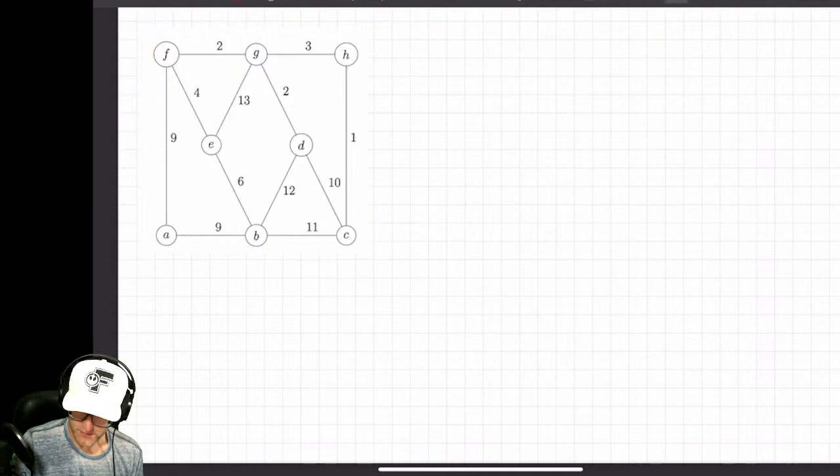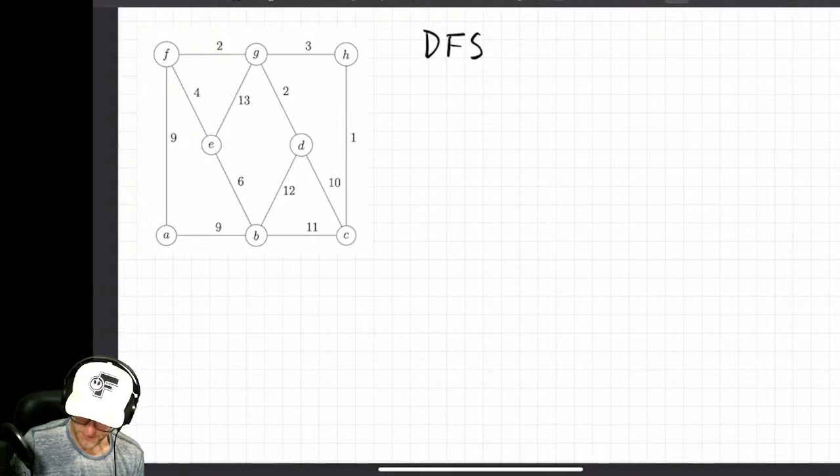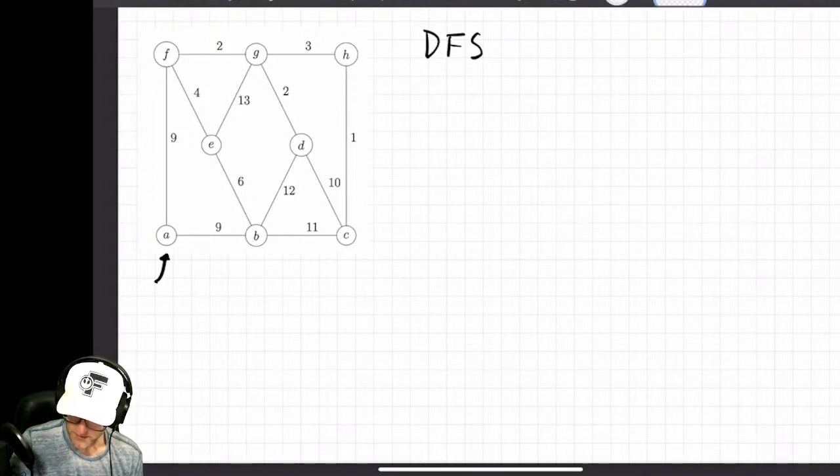All right, so let's do a DFS first. And it did say to start at A. So that's where we'll start. Okay. My highlighter here. I'll go ahead and color it gray. And I will also mark the discovery time as 1.